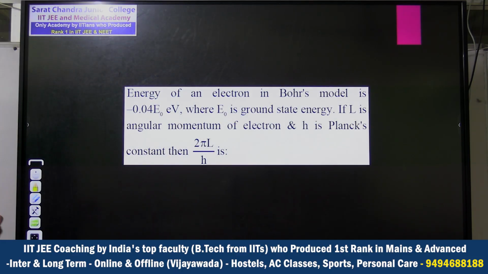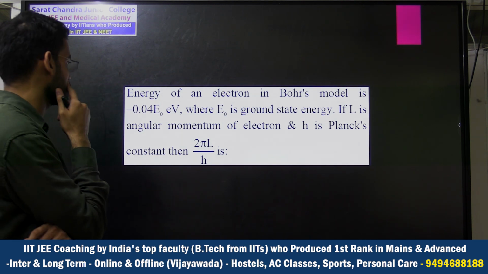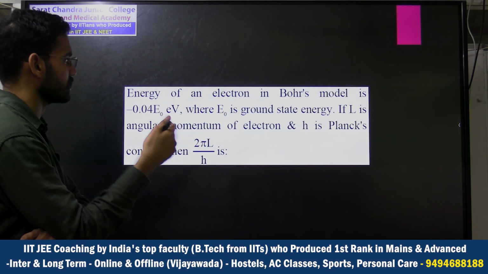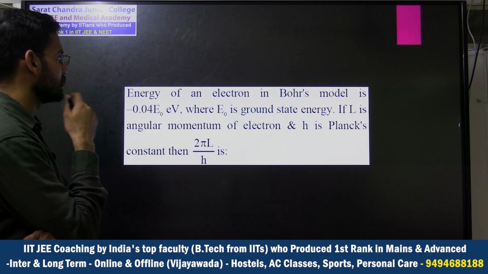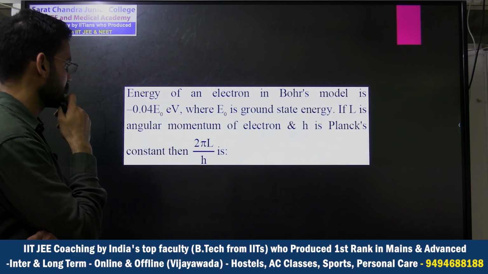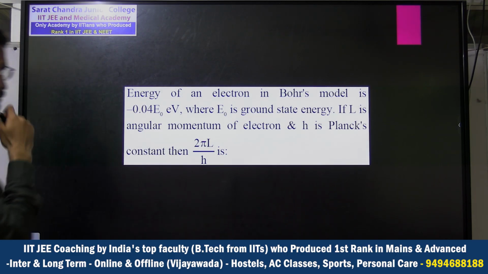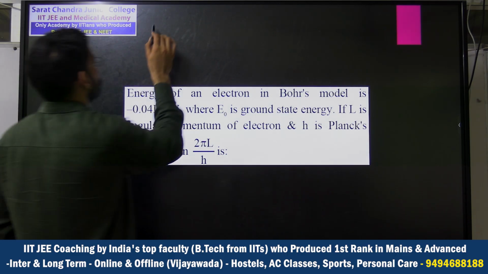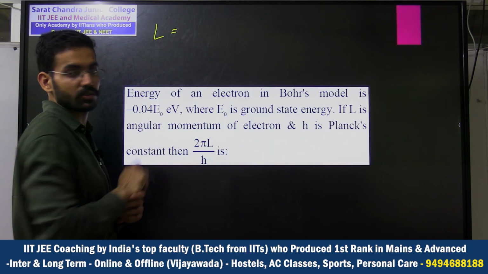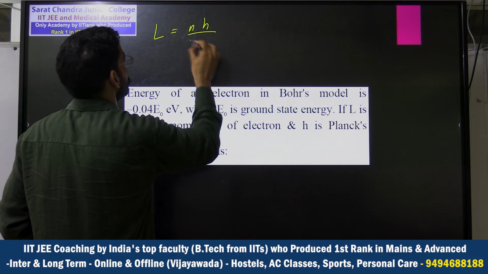The energy of an electron in Bohr's model is minus 0.04 E0 electron volt, where E0 is the ground state energy. If L is the angular momentum of the electron and h is Planck's constant, then 2 pi L by h is what? What I see here is that Bohr's model is being used, so L equals mvr equals nh upon 2 pi.